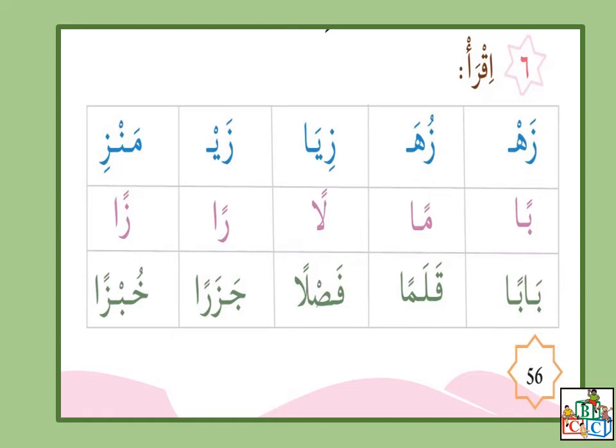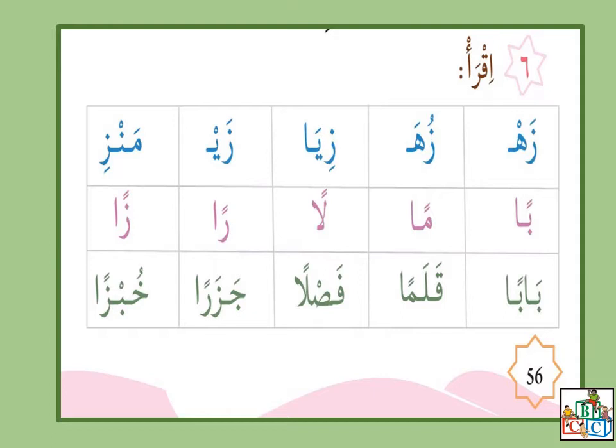Now, following your book, you have a table with the letter Z, the first line, and then we are going to do the reading of the following words. Let's try the first sentence. On your right side, the blue color, you have Zahr. Read زهر. Then you have زحى. Again زحى. Then زيا.